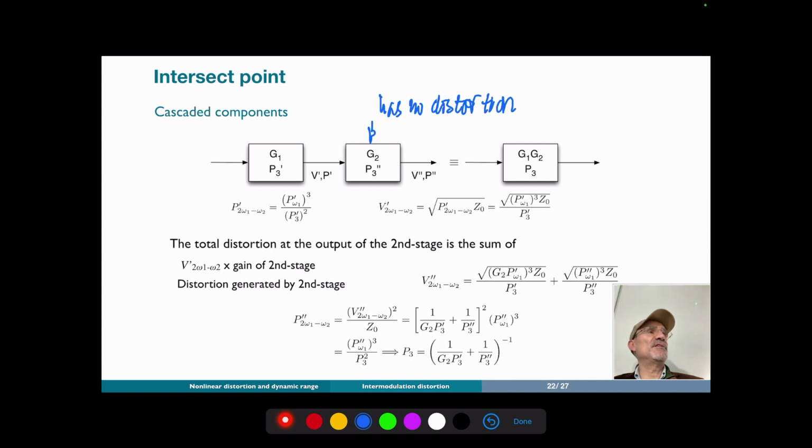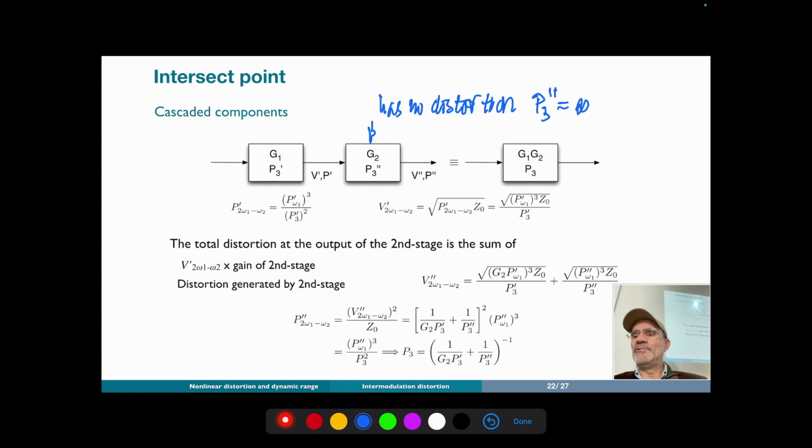The third order intersect point of a linear amplifier should be infinite, because no matter what the input signal, the third order intersect point will be very large. So no distortion is infinite, which means that P3 dash double dash is equal to infinity.